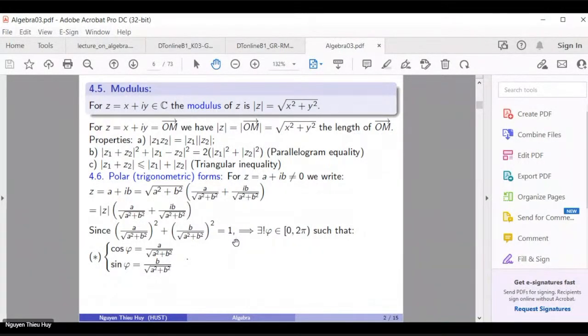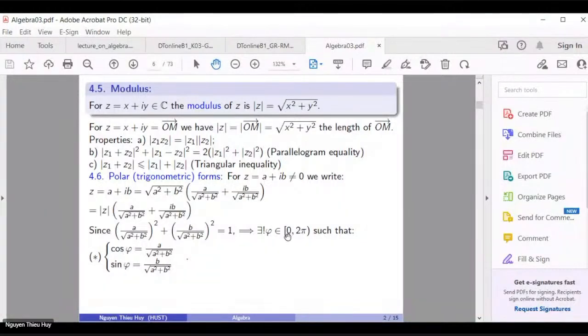This means that we can choose an angle phi such that cos phi equals one number and sine of phi equals the other number, right? Clearly, because cos square plus sine square equals 1. So whenever, one number can be chosen as cos and the other can be chosen as sine.